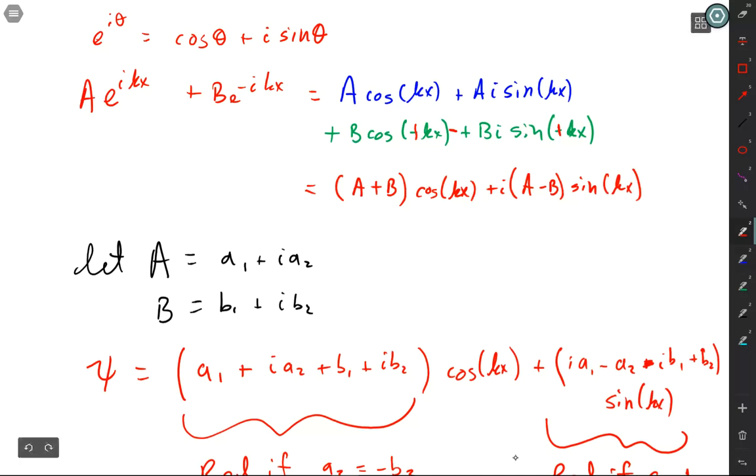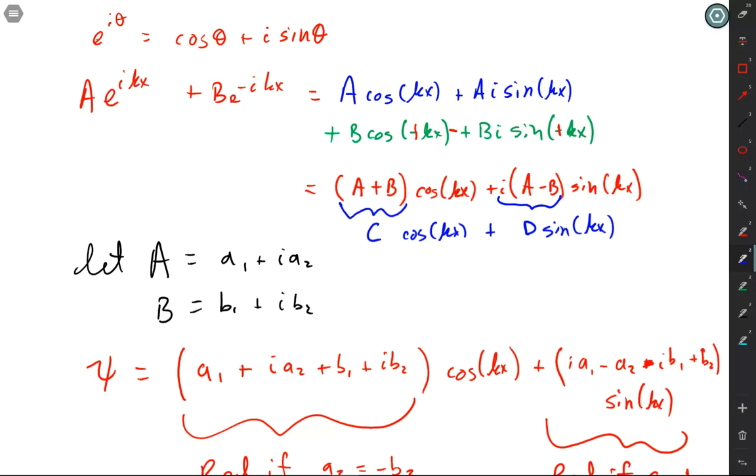So to make our lives simple, we're just going to call this C cosine of kx plus, and take the i as well, call that D sine of kx. So C and D are once again complex constants. And now I have it back to the simplicity of what I had before with the exponentials, except I have sine and cosine, which are often easier for us to deal with.